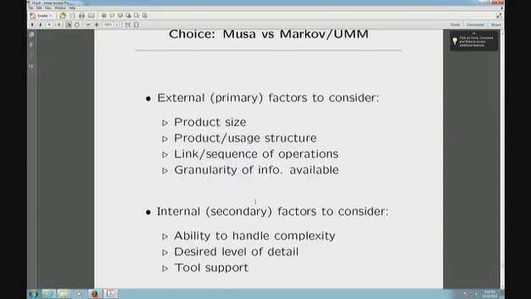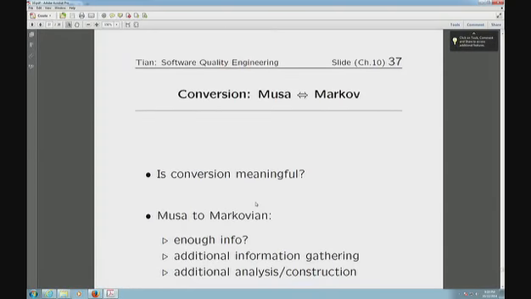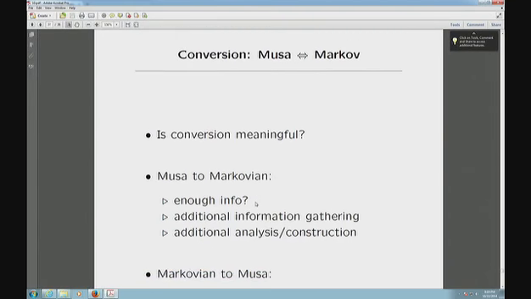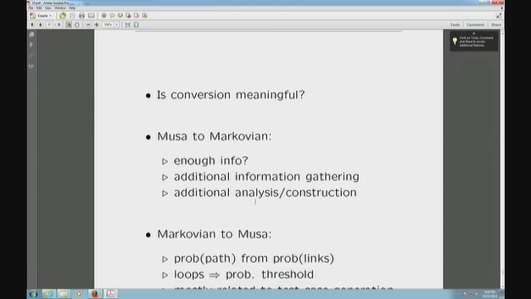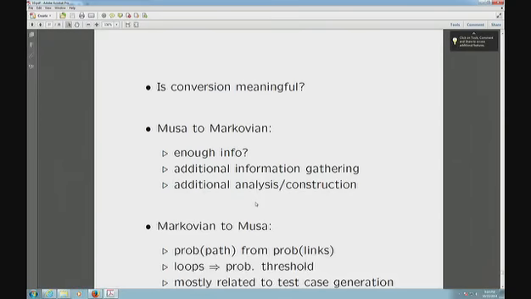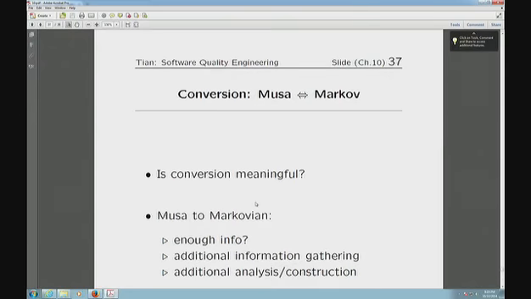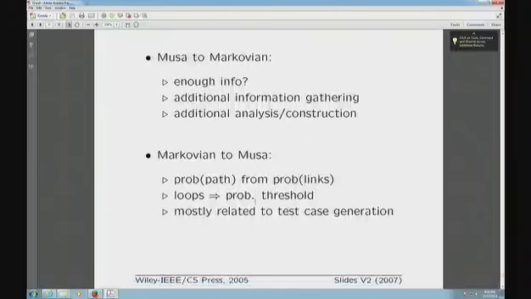If it's not, then try to use something else to capture the information. On conversion, from Musa to Markov you generally don't have enough information because you don't have the state transitions, so you need to collect more information. Markov to Musa is a little bit easier, but you have to give some kind of threshold and stop.